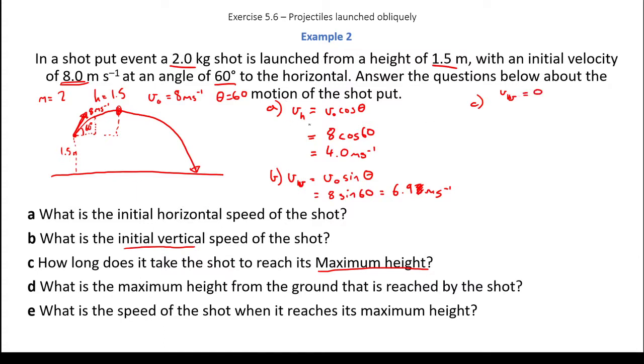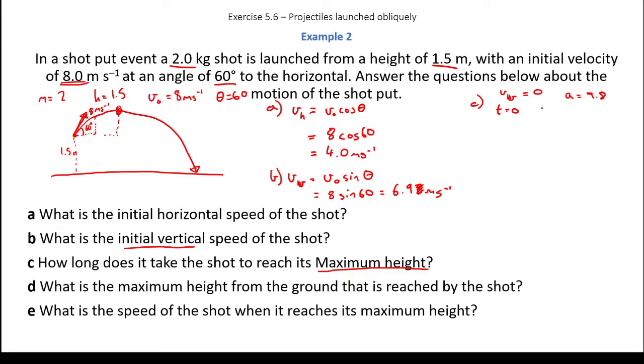It's not traveling up, nor is it traveling down. At that perfect point in time, its vertical velocity is 0. We know the acceleration acting on it is 9.8. T is our question mark.